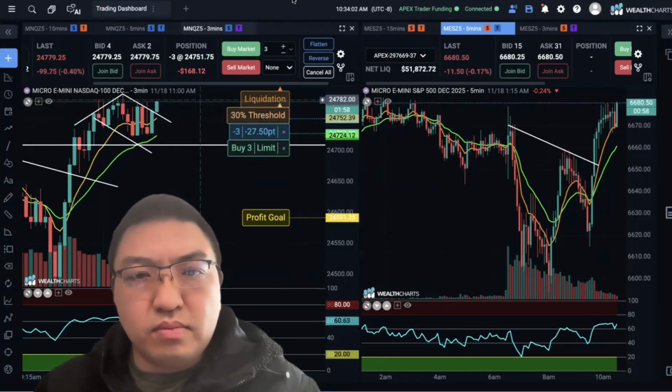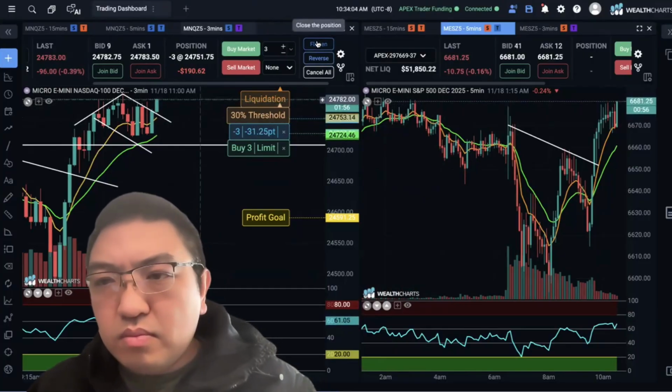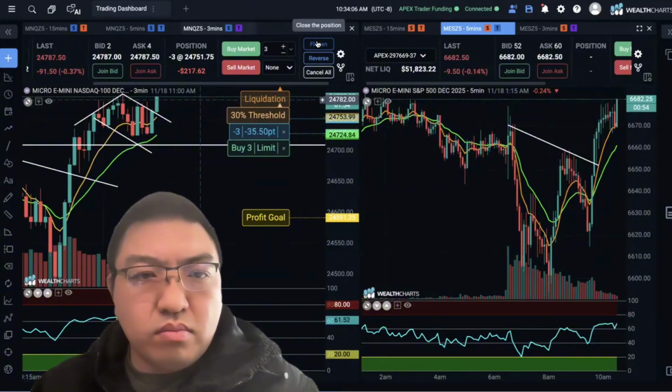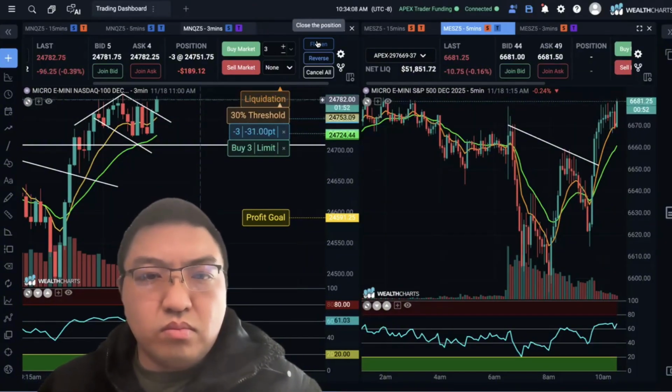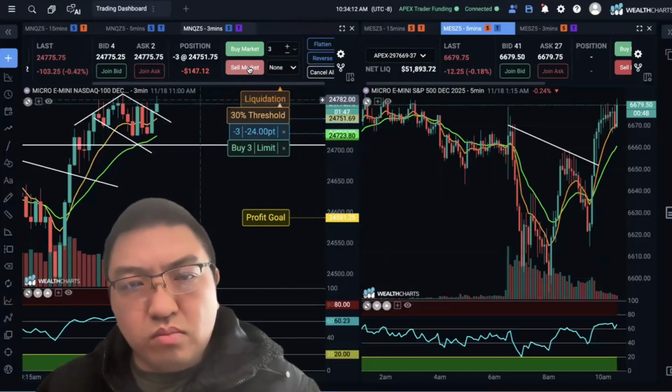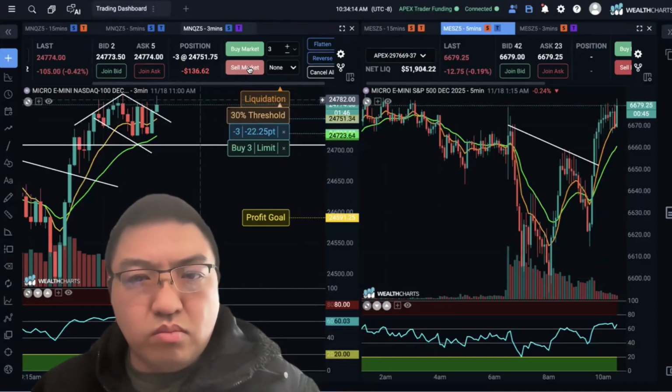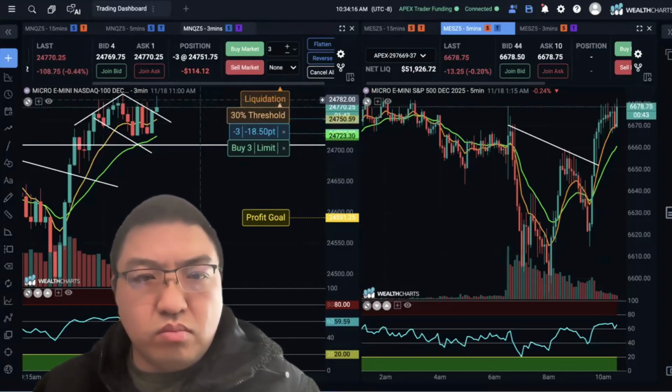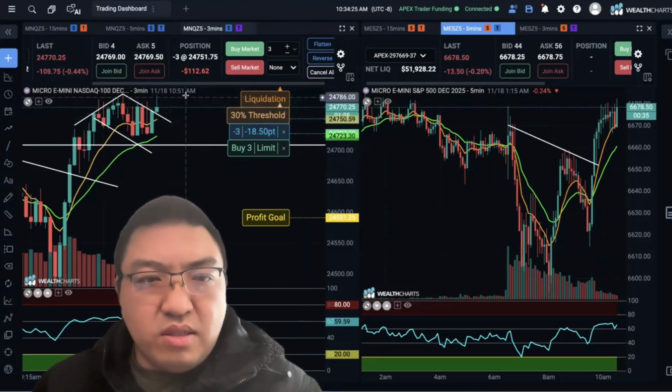Oh, I just want to add some position to move my average entry price back. But it's very risky to add position this time.